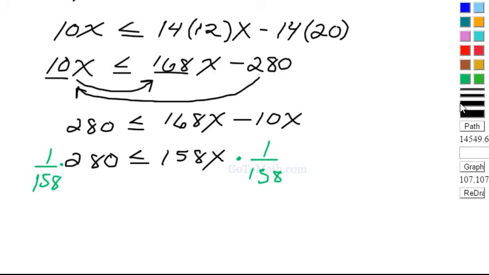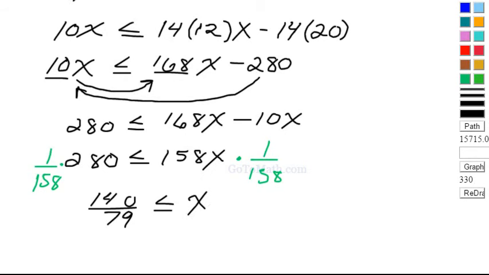Now I guess we can simplify that down, and it looks like 2 is the only thing that goes into both of those. So this ends up being 140 over 79 is less than or equal to x.